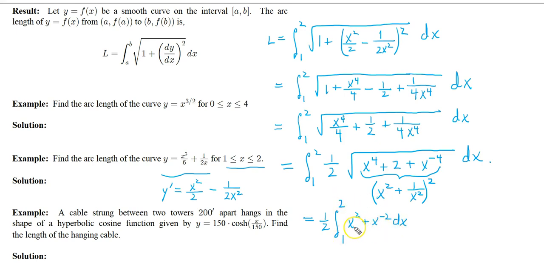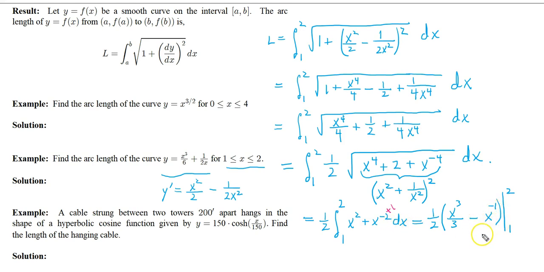and there we go. Now we just have to find the antiderivative of each of these terms, which isn't too bad. The antiderivative of x squared is x cubed over 3, of course. For the antiderivative of x to the negative 2, we have to recall that you just add 1 to the exponent, so that gives us x to the negative 1.